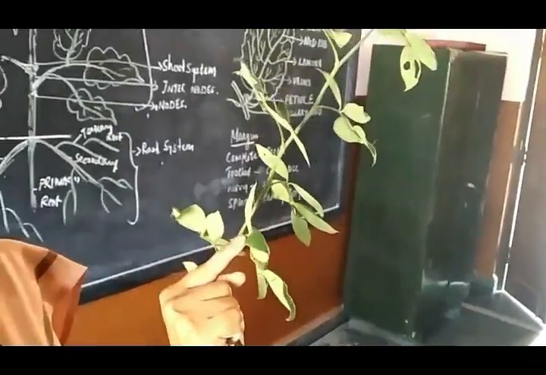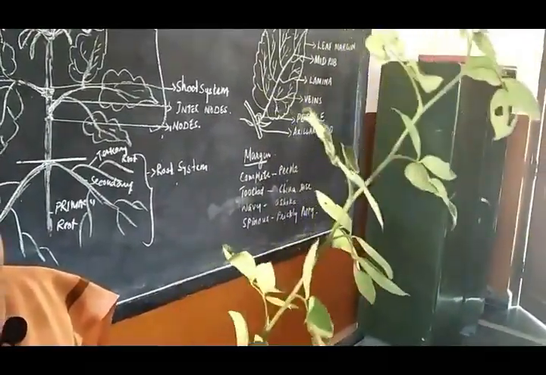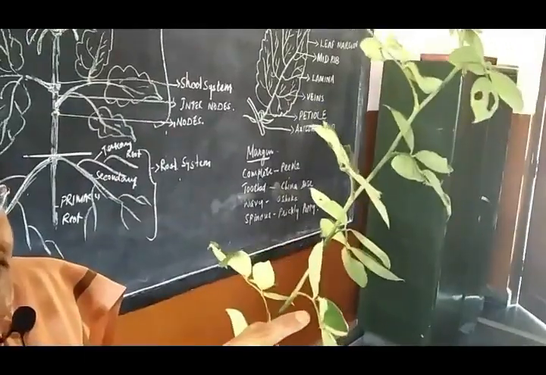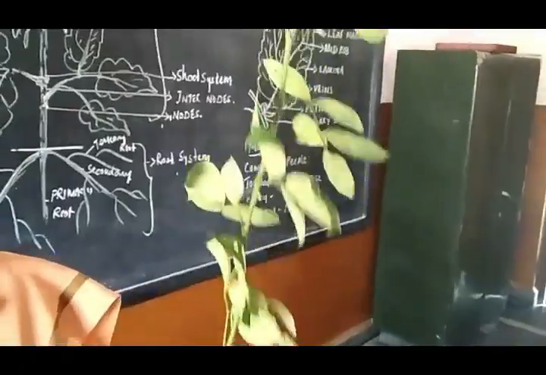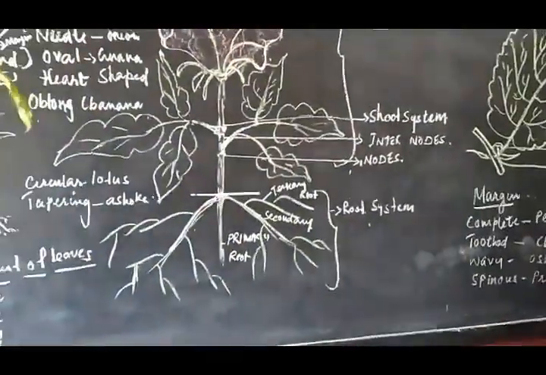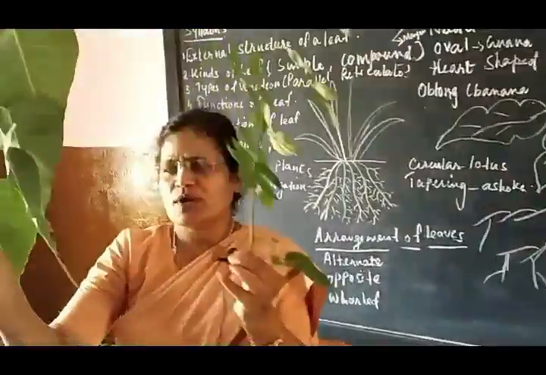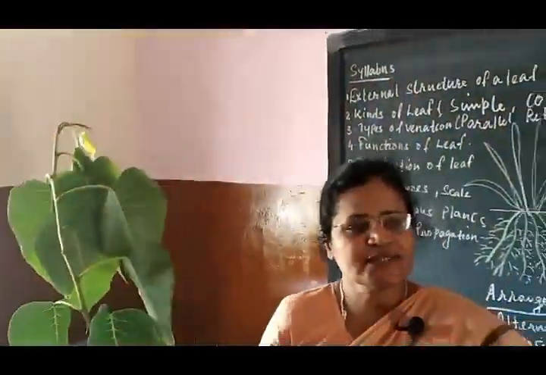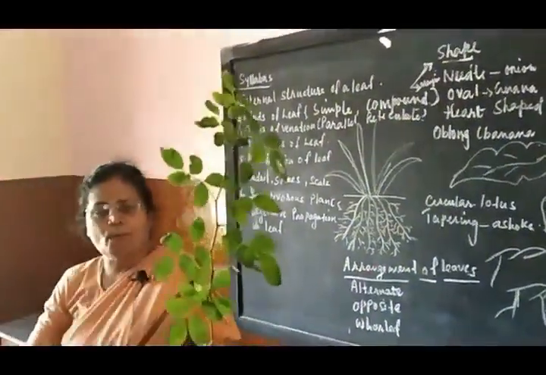So this is the midrib, which gives rise to many leaflets. An example for a compound leaf is the rose. An example for a simple leaf is the pipal leaf, because the pipal has only one single leaf, whereas the rose has many leaflets, giving rise to a compound leaf.